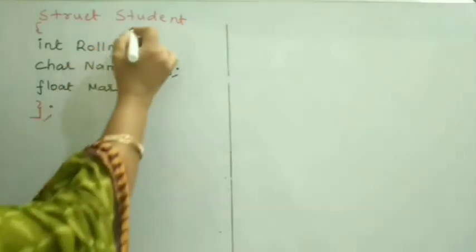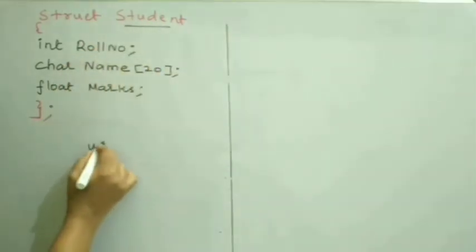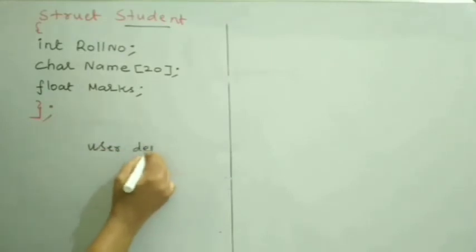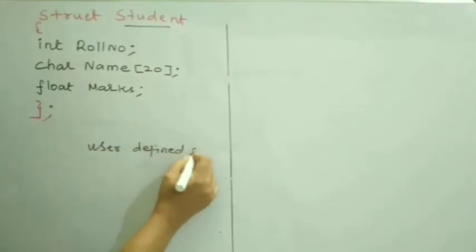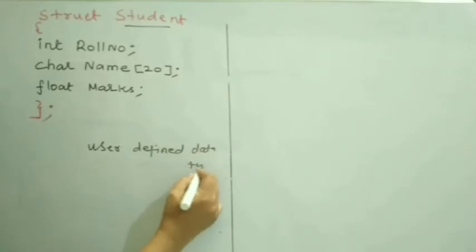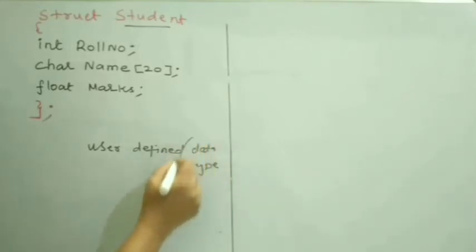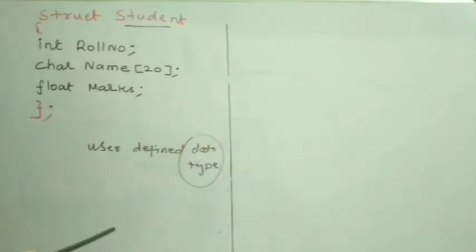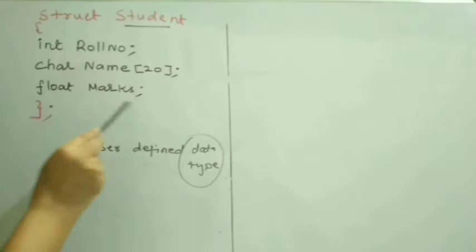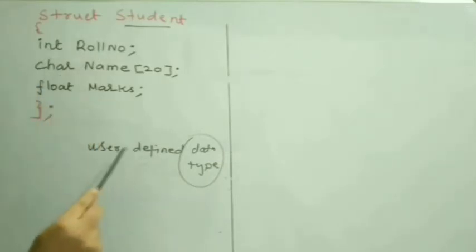Basically, in C, structure is a user defined data type. Why do we say this is a user defined data type? Because the number of data members and the data type of the data members are specified by the user.